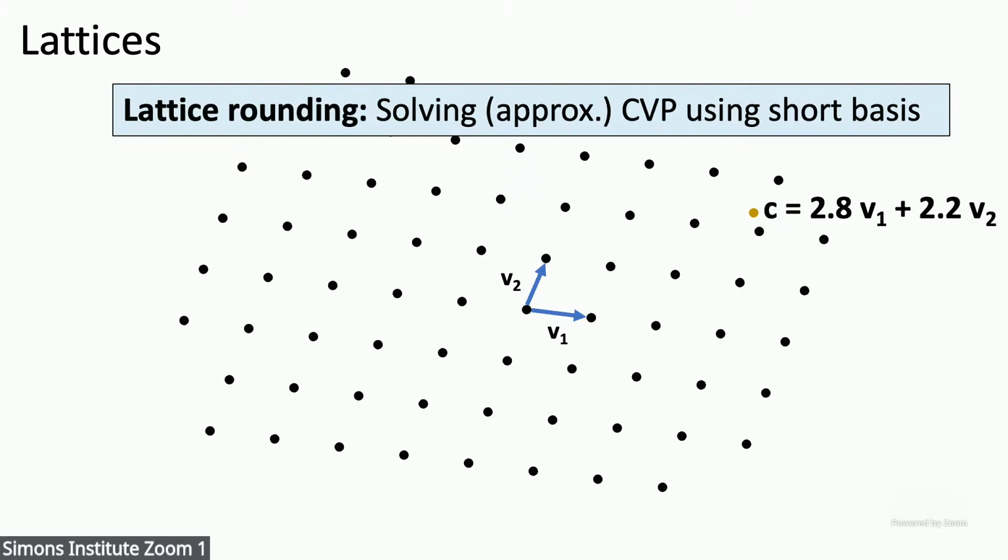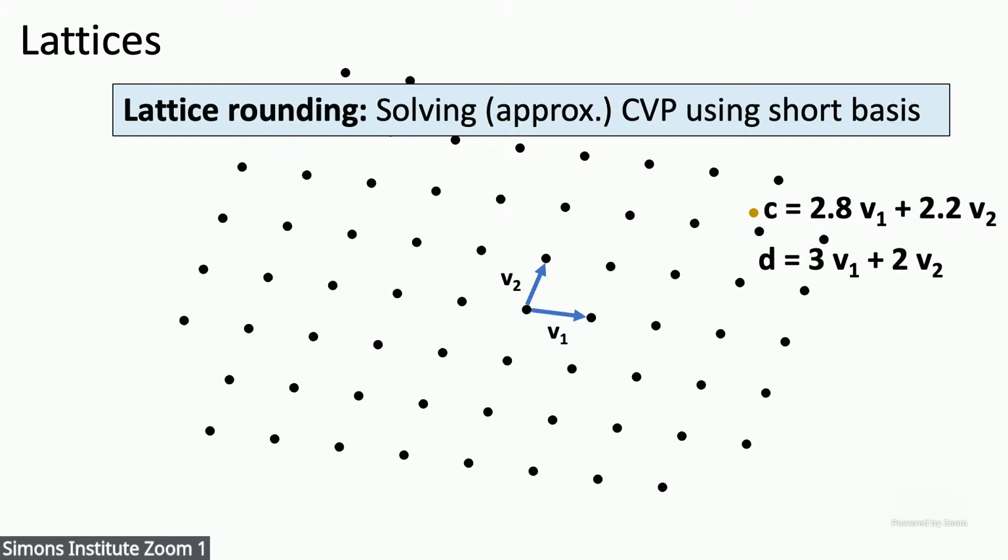So you have your target point, and you're trying to find a close lattice point. You write it as a linear combination over your basis vectors, which you can do by definition of a basis, and it won't be integer coefficients because the point's not on the lattice.